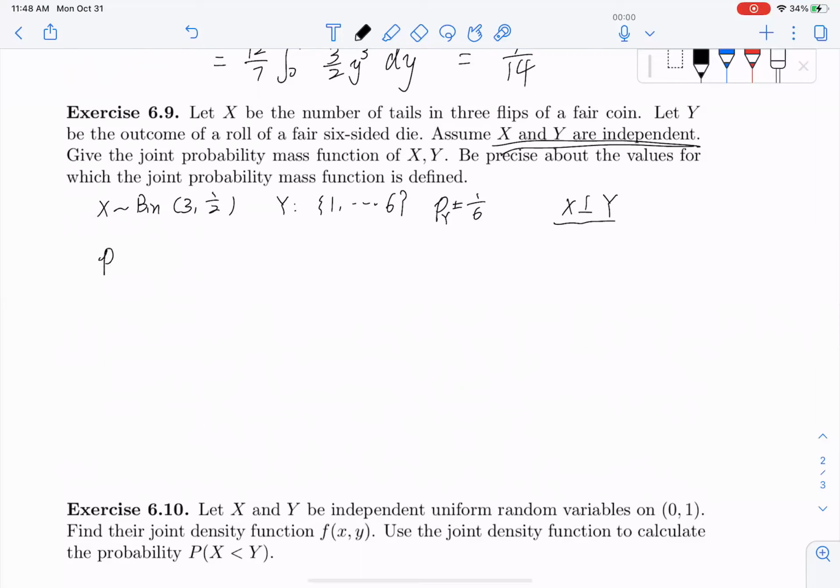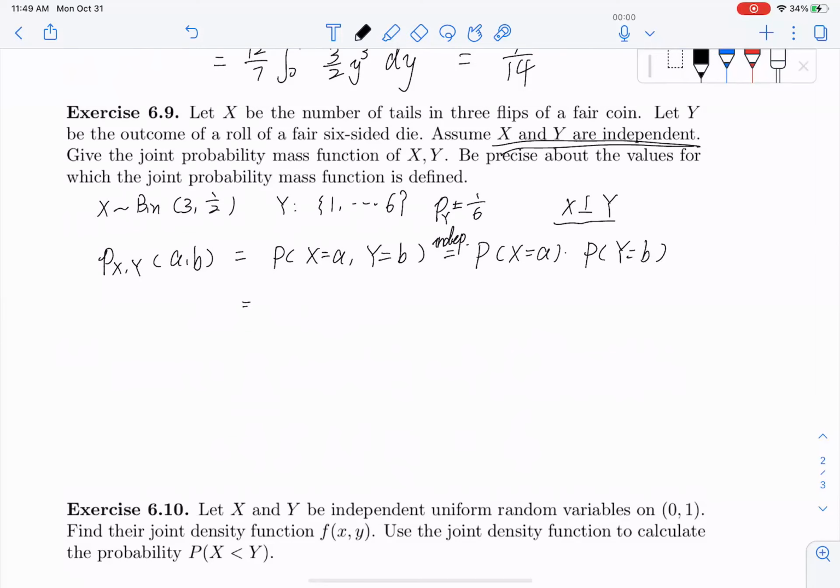Okay, here we can write it like this. So this is a joint mass function, which means X equal to a while Y equal to b, right? Because they are independent, the probability of X equal to a times the probability of Y equal to b.